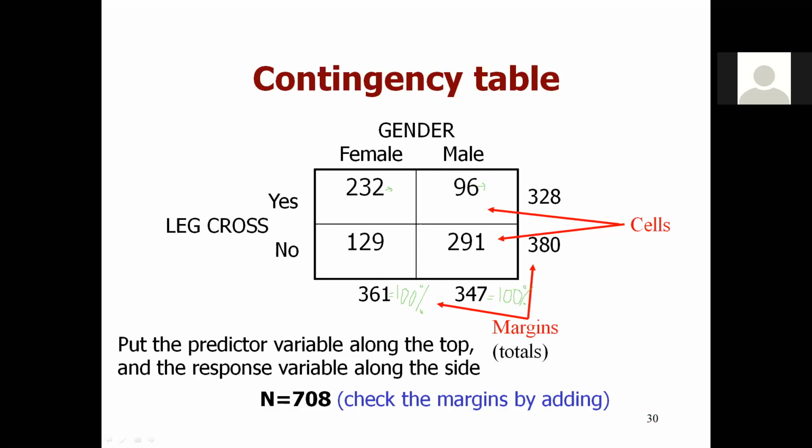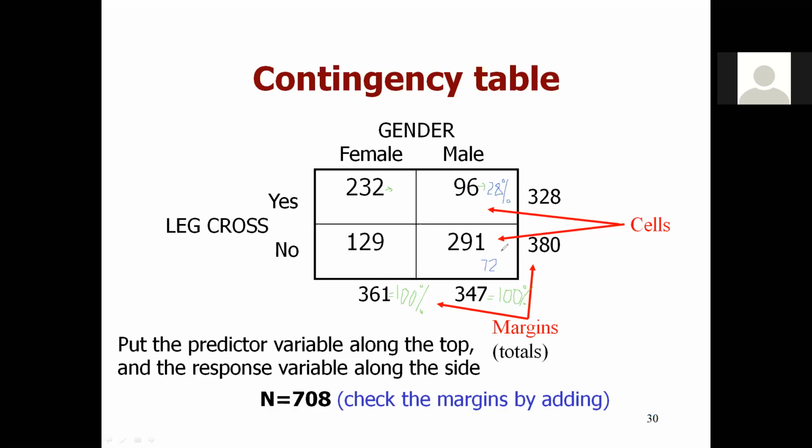Okay, let's round. So let's make it 28. So Sierra tells us that 28% of men cross their legs. Well, we don't need to calculate the other percentage. We can just subtract. 100 minus 28 will give us 72. So 72% of men did not.